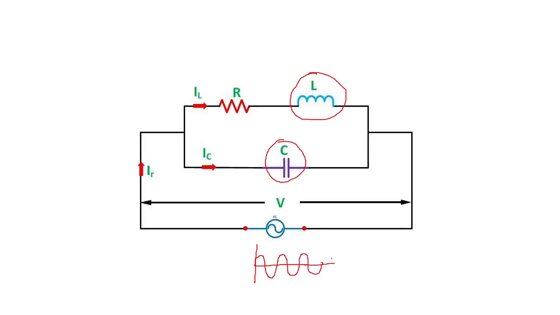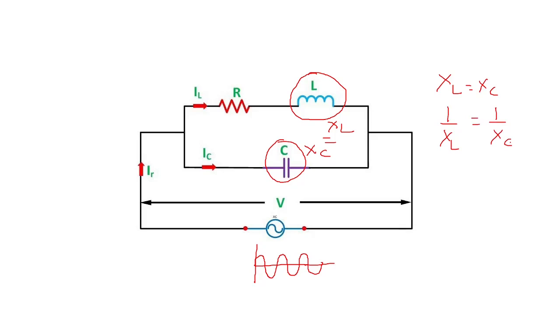So at a particular frequency, the reactance of the capacitance will be equal to the reactance of the inductance. Okay, that is XL is equal to XC, or the susceptance of the inductor, that is 1 upon XL, is equal to 1 upon XC, the susceptance of the capacitance.